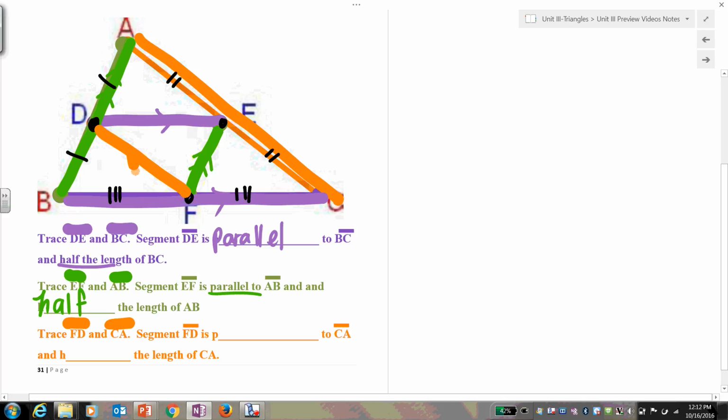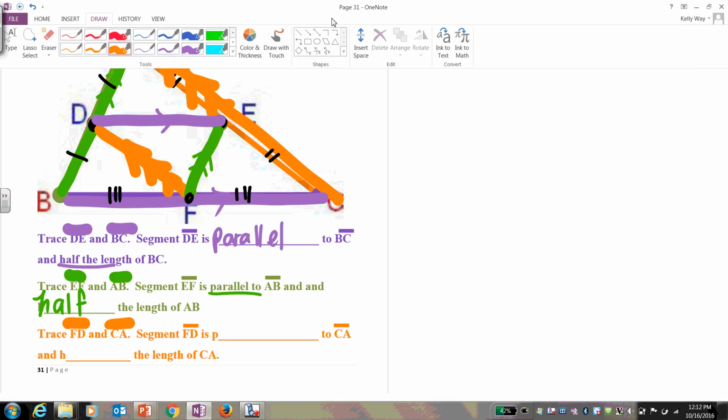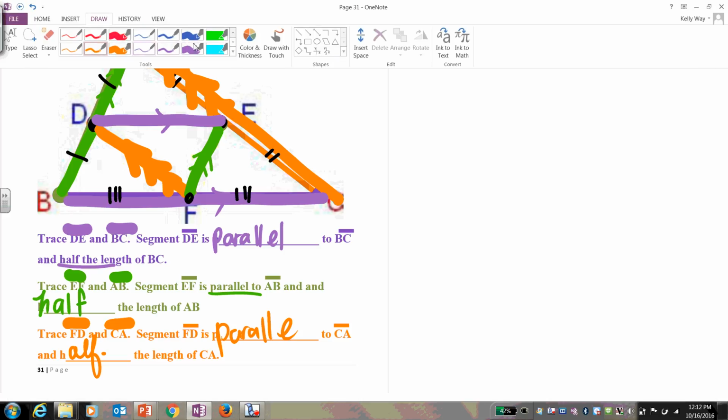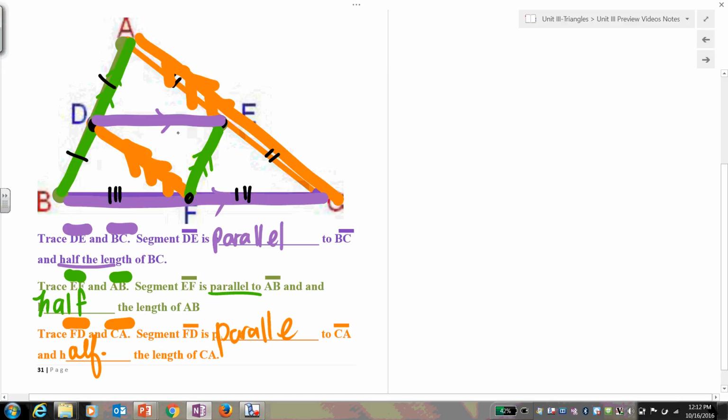FD is, of course, parallel to CA, and it's also half the length. So all three of those mid-segments are half of the three sides they are facing. So the purple's half of this is half of this is half of that.